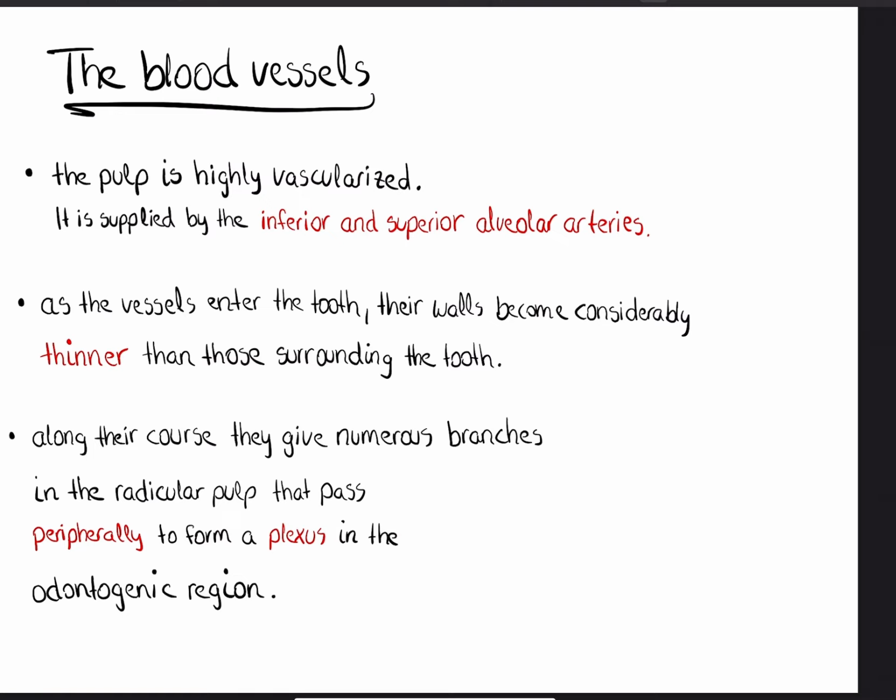The blood vessels. The pulp is highly vascularized, and it is supplied by the inferior and superior alveolar arteries. As the vessels enter the tooth, their walls become considerably thinner than those surrounding the tooth. They give numerous branches in the radicular pulp that pass peripherally to form a plexus in the odontogenic region.